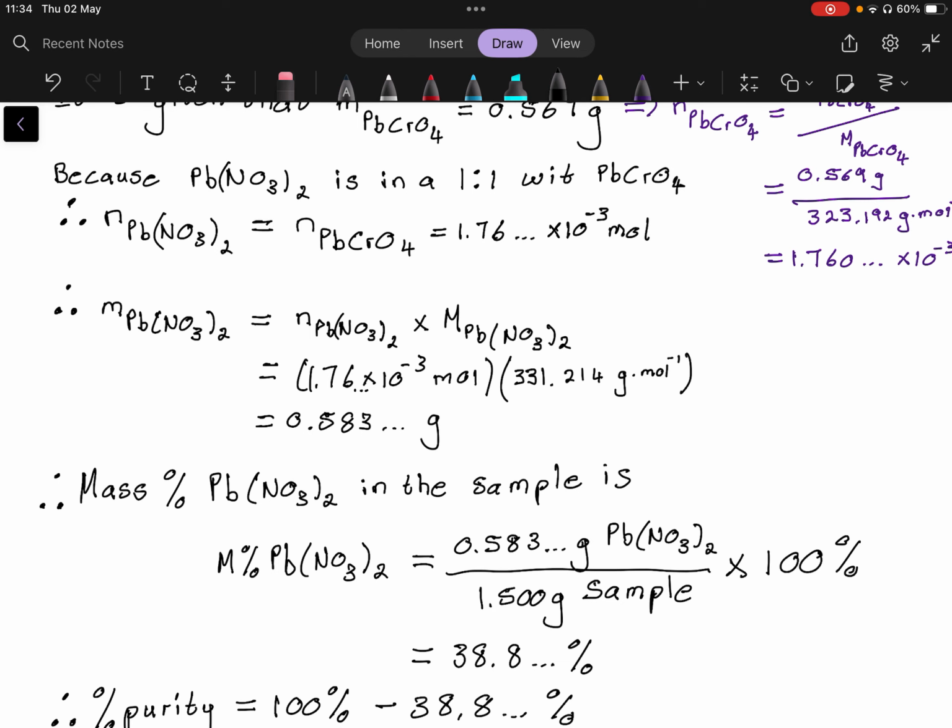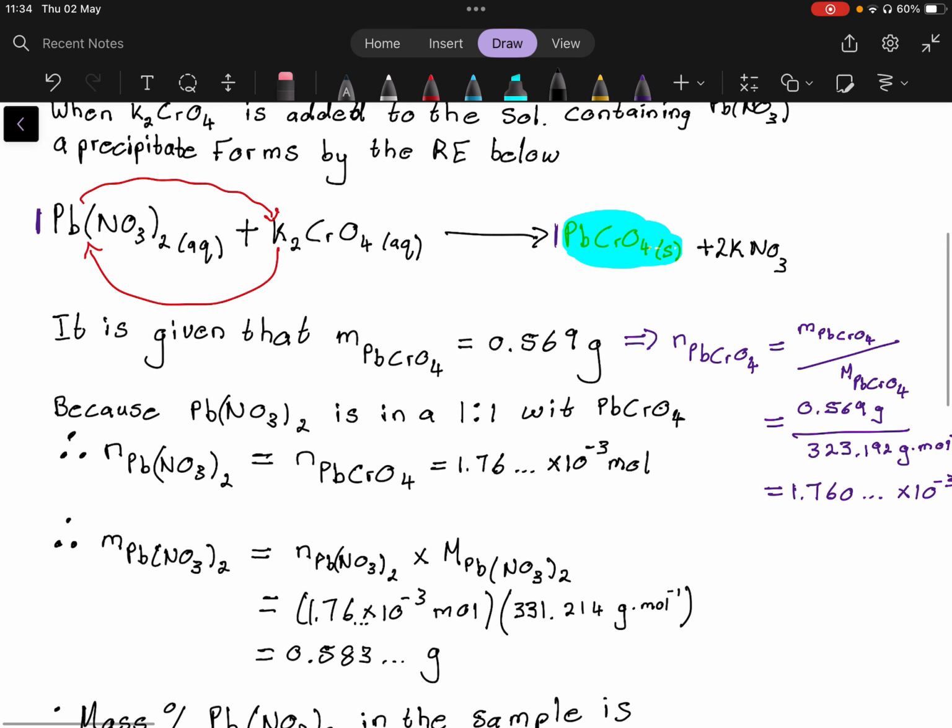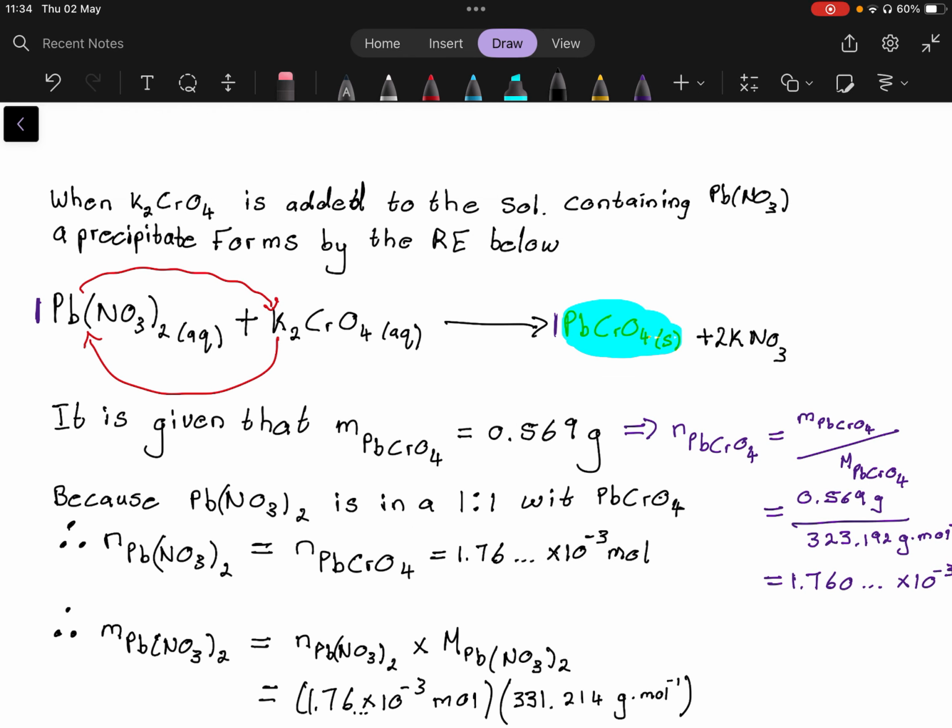And how can you get the number of mole? You use the reaction equation, and then you are given the mass of one of the species. So you always have the mass of one of the species. In other words, once you have the mass of one species, you can determine the number of mole of anything in the chemical equation, and then you can also determine the mass of anything in the chemical equation.